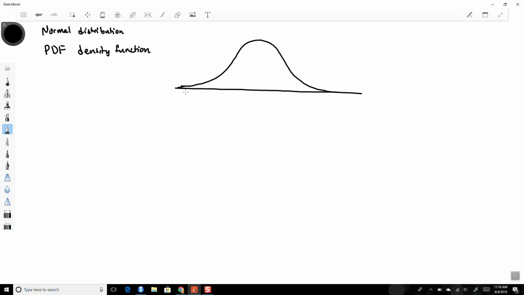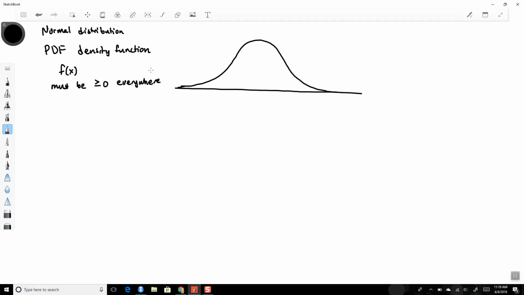We'll call this f of x, and we know that f of x must be greater than or equal to 0 everywhere, so it's never allowed to be negative.